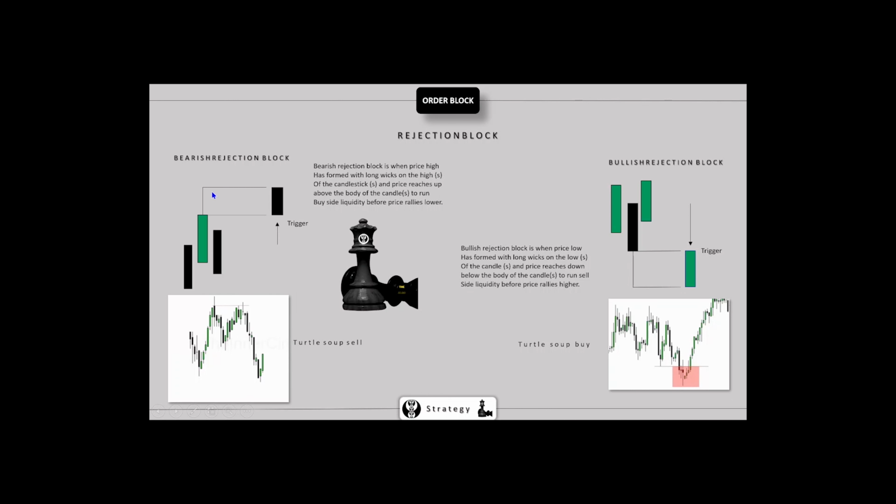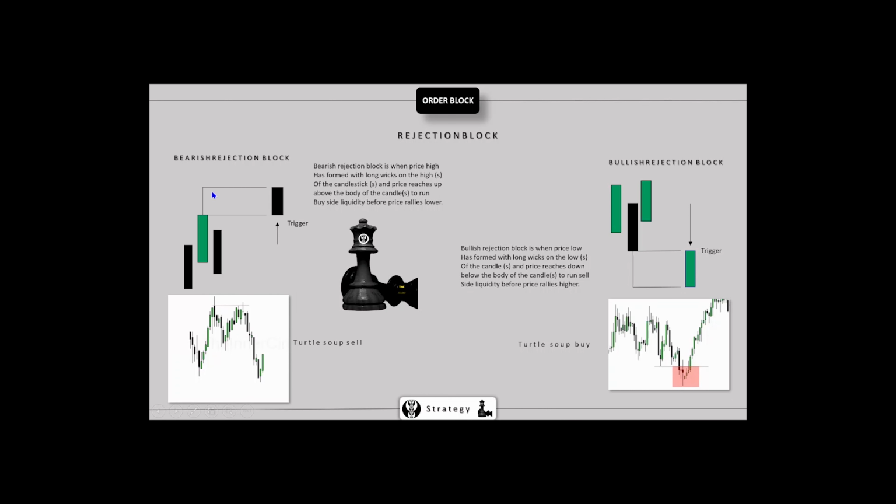That's where I take trades of the strategy called turtle soup sell, turtle soup buy. So if you're keen enough, you see these buy stops, and this candle here comes and rallies up to take the buy stops, and after that the price rallies down. We target our first sell stop C.